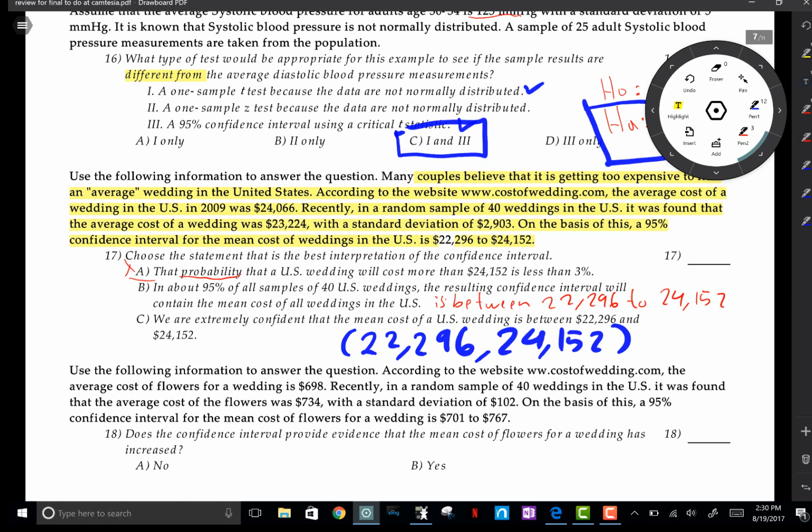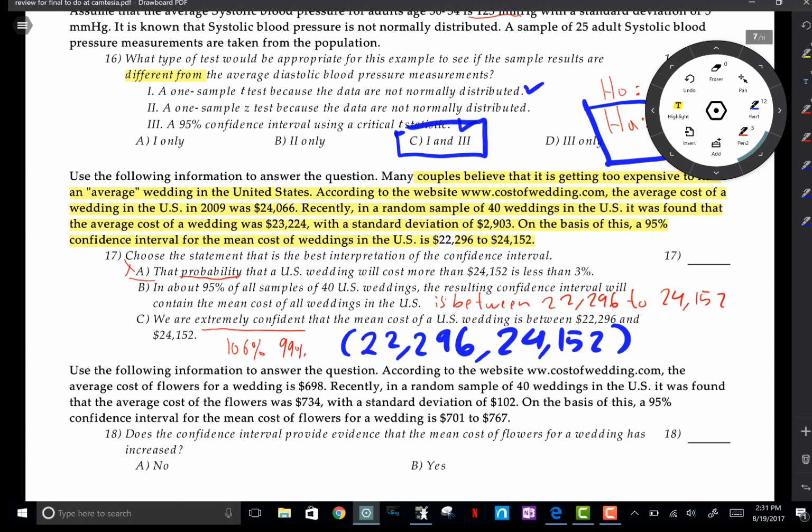If you look at C, it's saying we are extremely confident. That's where it misses the mark, because we don't know what extremely confident means. Extremely confident could be 100%, or it could be 99%. So that's kind of vague.